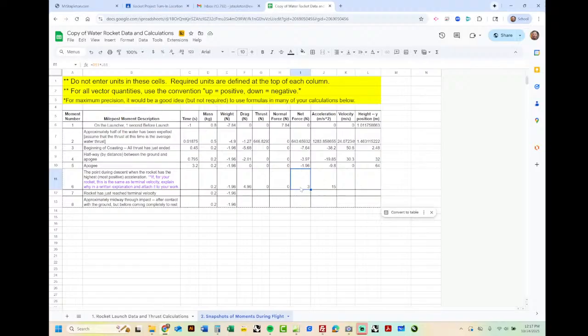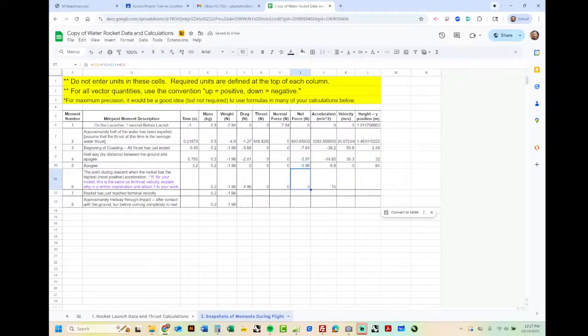And now I can check again. Let's add up all these forces. This one plus this one plus this one plus this one. Whoops, it was a circular reference. Type in 4.96 and then do that again, which I already did above, so I can copy it down. It should still say 3.